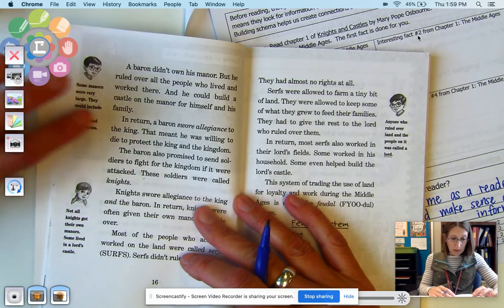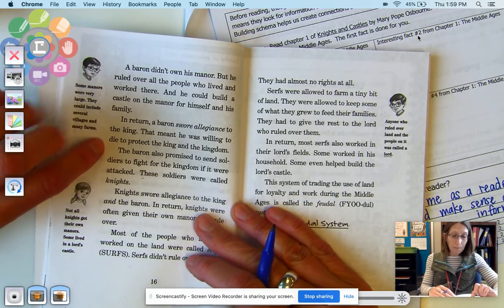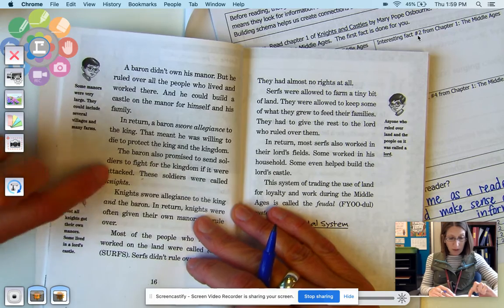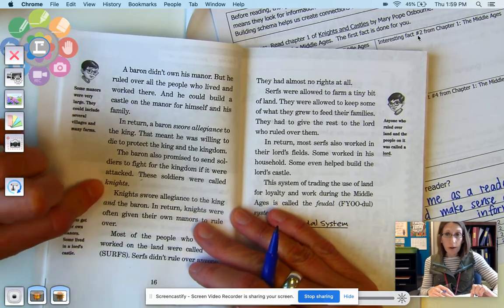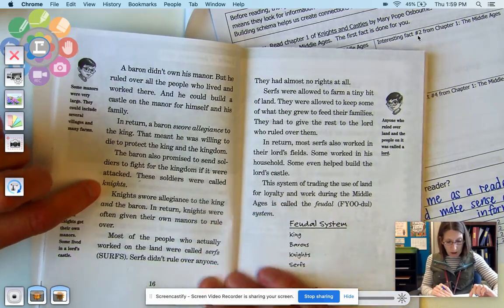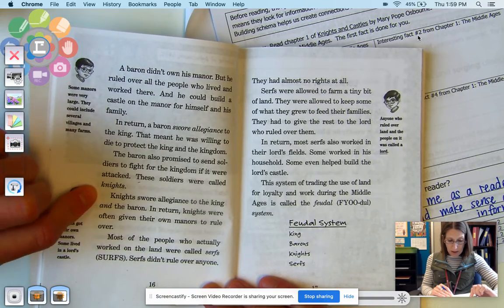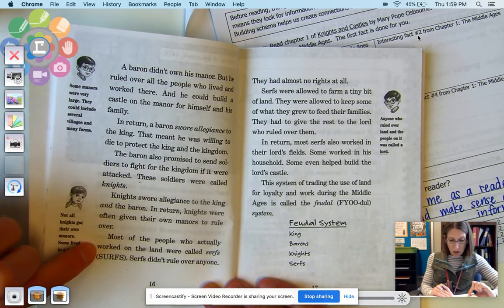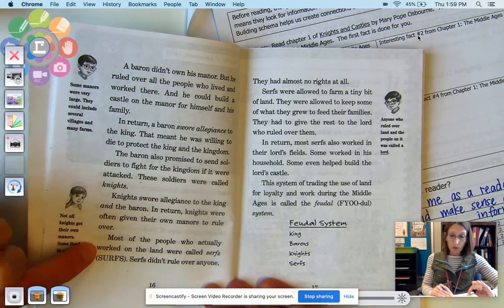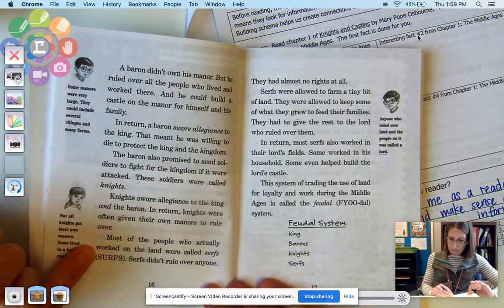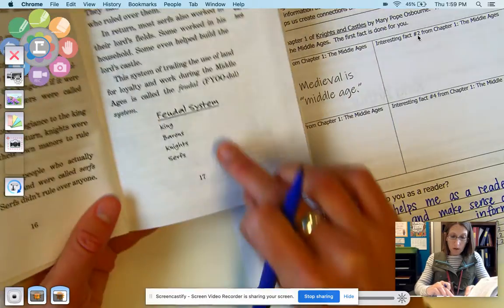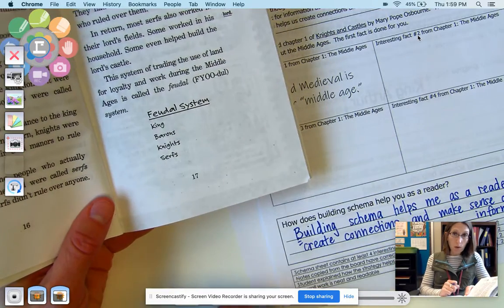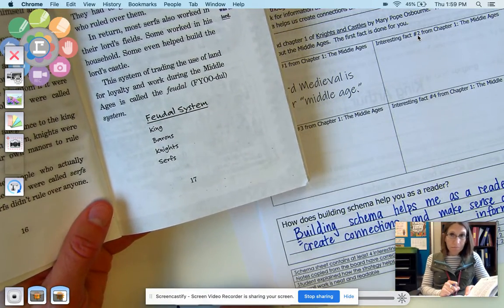So that meant he was willing to die to protect the king and the kingdom. Or we could write about how the soldiers were called knights. We could write about the people who worked the land were called serfs. Or we could even write down the order of the feudal system.